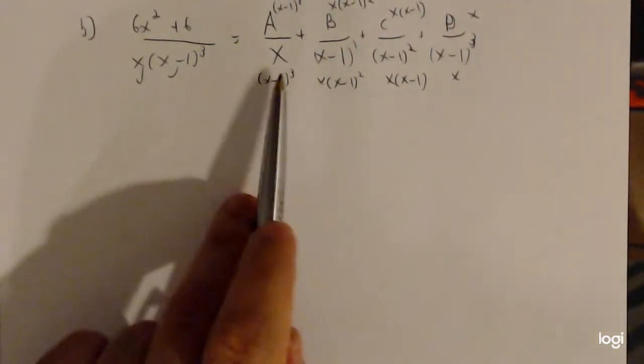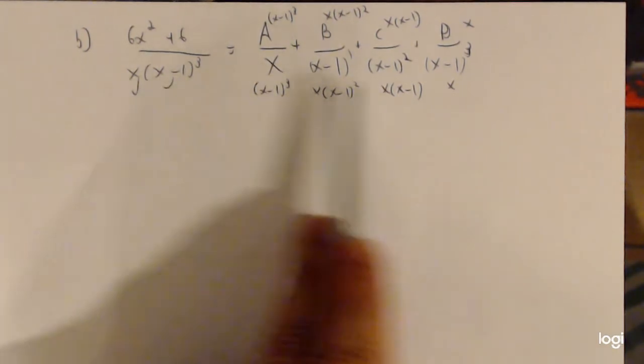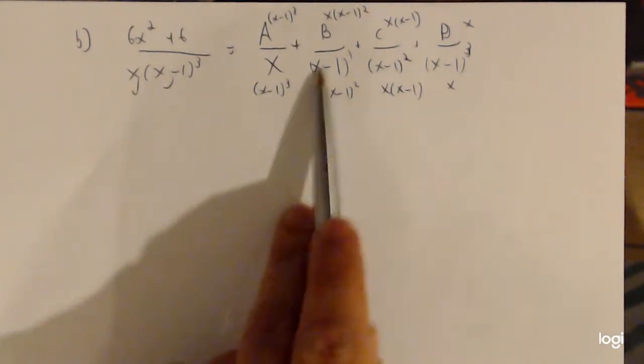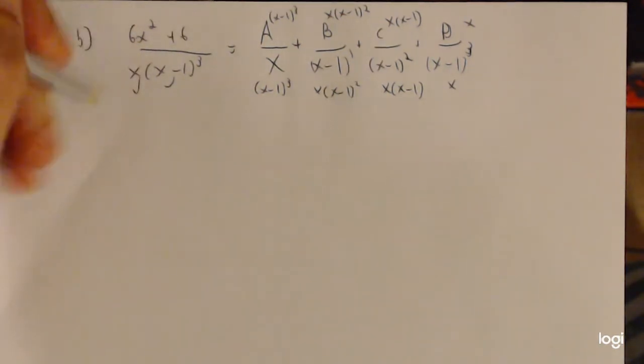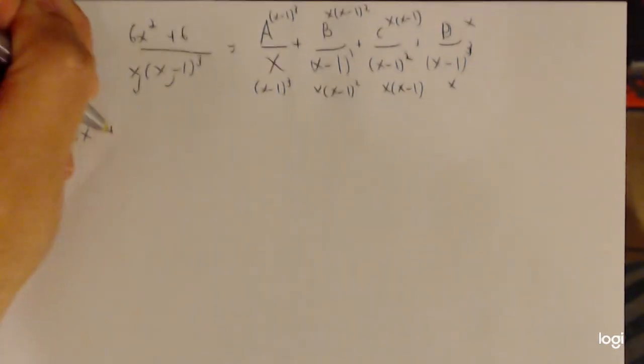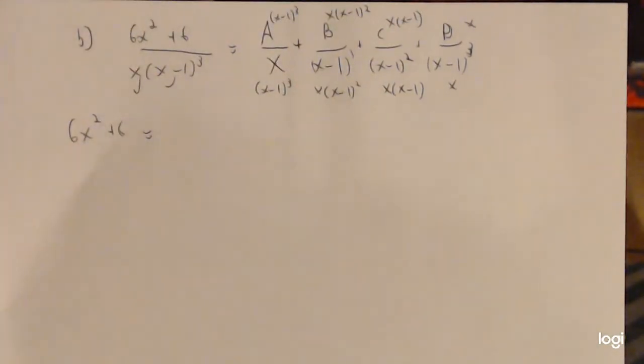Now remember, when I'm multiplying these out, my denominators are already matching up because the denominator here is the same as the denominator there. So now I'm going to turn my attention to the numerators. So 6x squared plus 6 equals to, what's x minus 1 cubed?